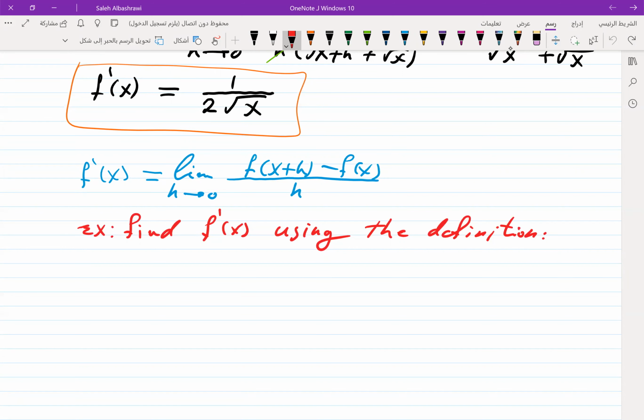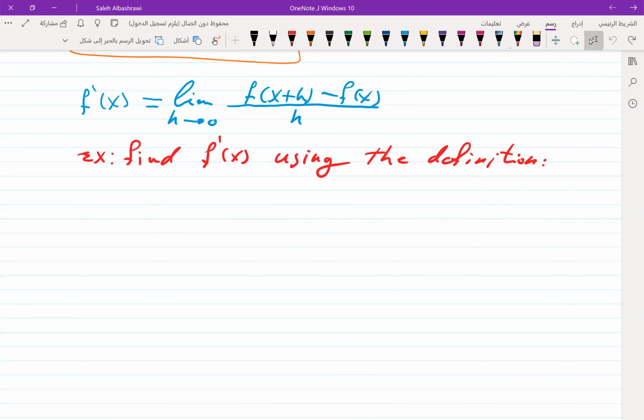We call it the definition or the first principle. Say, for example, number 1 for today, f of x equals square root of 2x minus 1. And I want to find the derivative of this function.